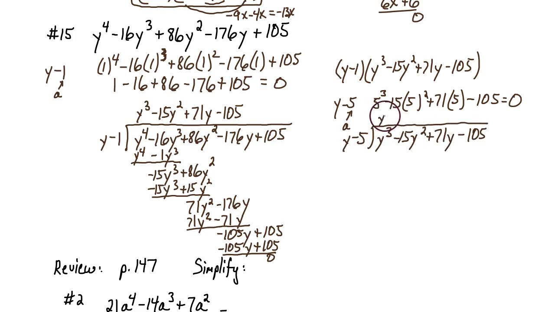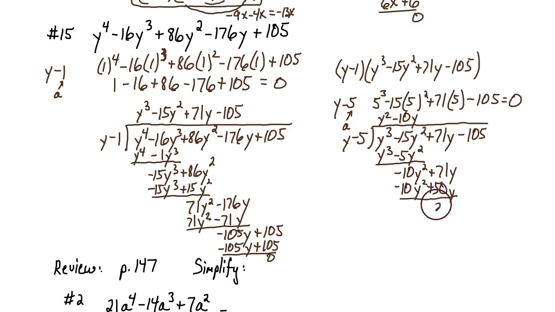Y times y squared makes the y cubed. And y squared times negative 5 is negative 5y squared. Now subtract. We get negative 10y squared. And bring down the positive 71y. Y times negative 10y makes negative 10y squared. And negative 10y times negative 5 makes positive 50y.